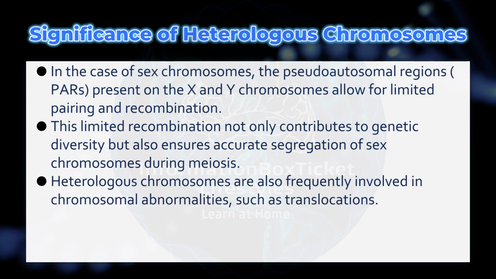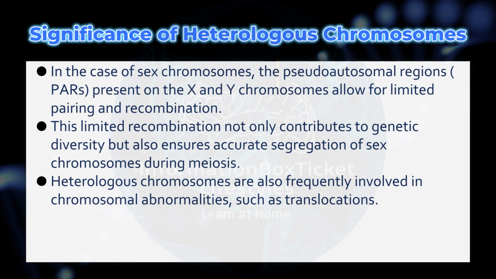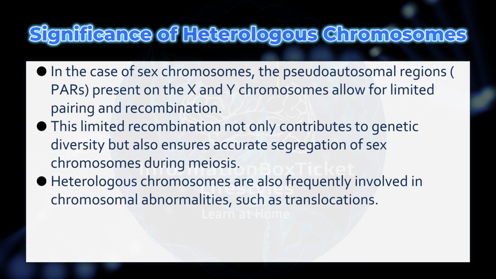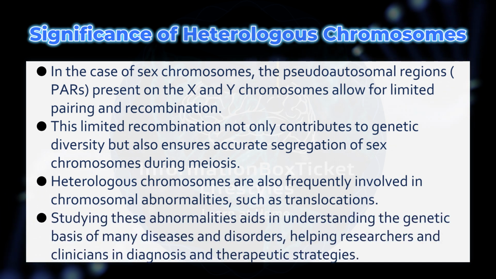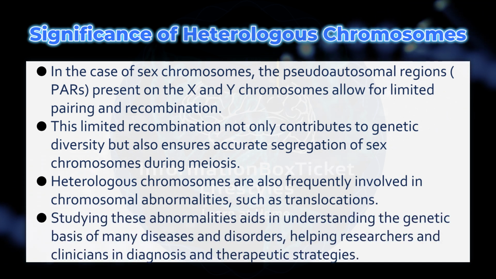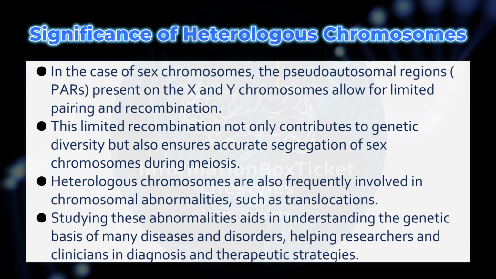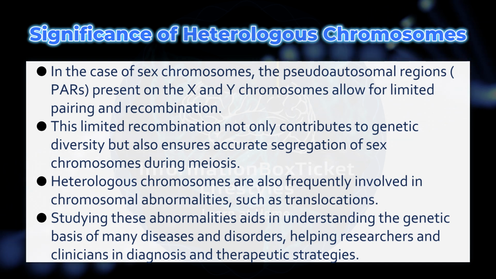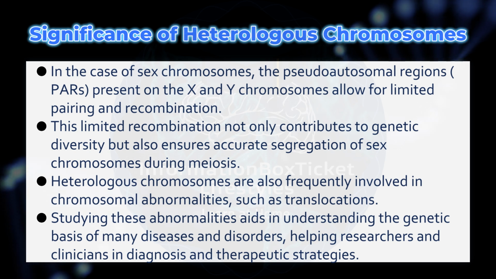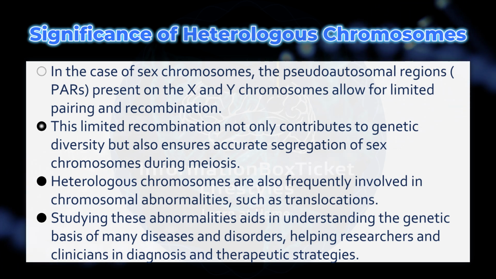Heterologous chromosomes are also frequently involved in chromosomal abnormalities, such as translocations. Studying these abnormalities aids in understanding the genetic basis of many diseases and disorders, helping researchers and clinicians in diagnosis and therapeutic strategies.